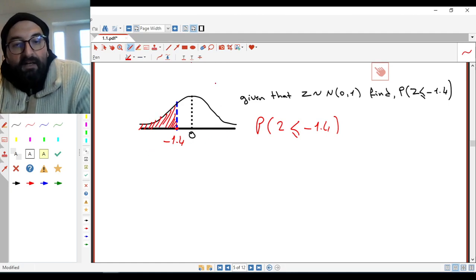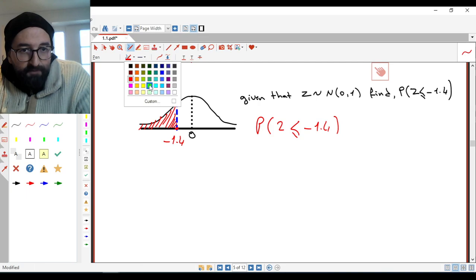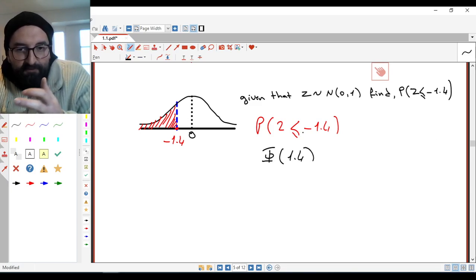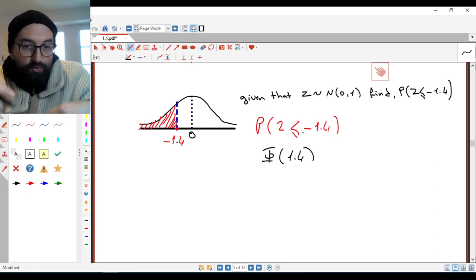And if you want to find phi 1.4, please remember that negative or positive doesn't necessary. Also, Z table gives us positive values.